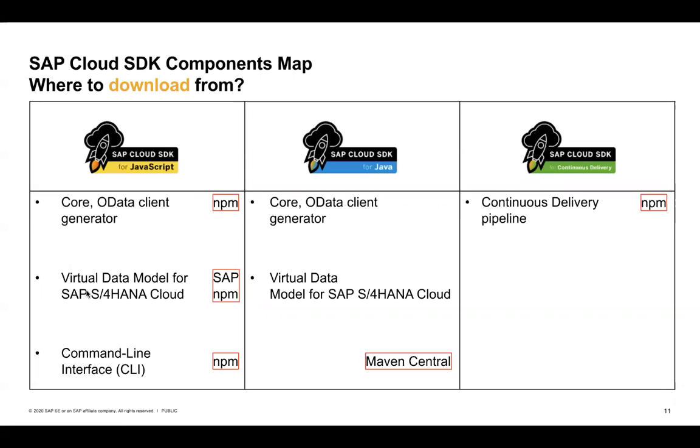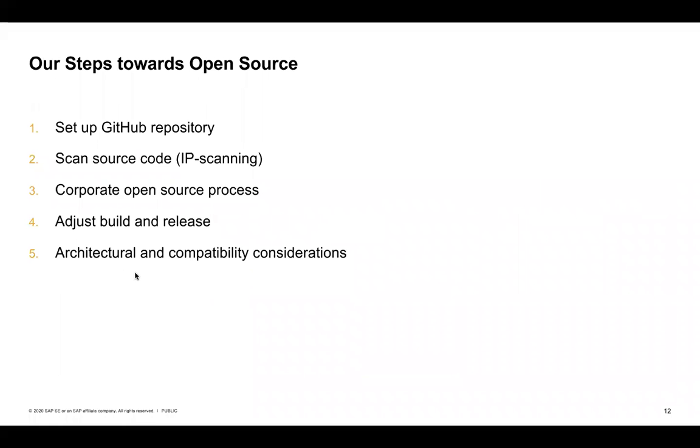And after open sourcing the first component, obviously we need to take care that whatever we bring out as a new version of the SDK core, it has to work with the most recent version of the virtual data model, and ideally, of course, with older versions as well. So this is an example of a compatibility consideration. There are also some other considerations which are very similar.